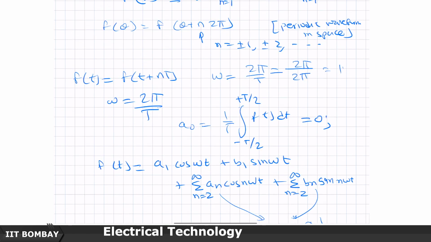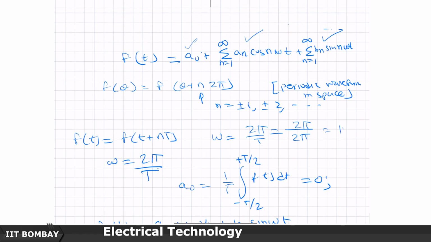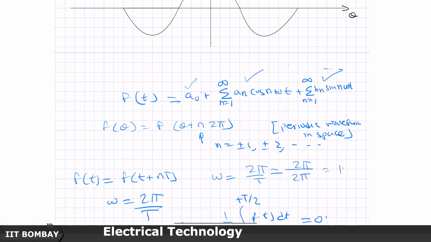If you are thinking on how do I evaluate this A n and B n, then again just to jog your memory for those who have done Fourier analysis before, and for those of you who have not, you can multiply this equation by cos n omega t.